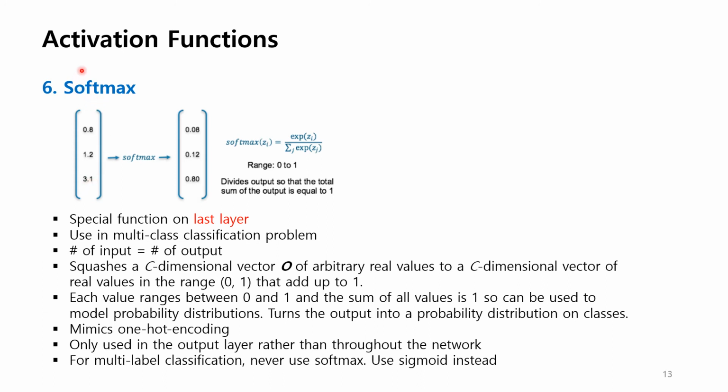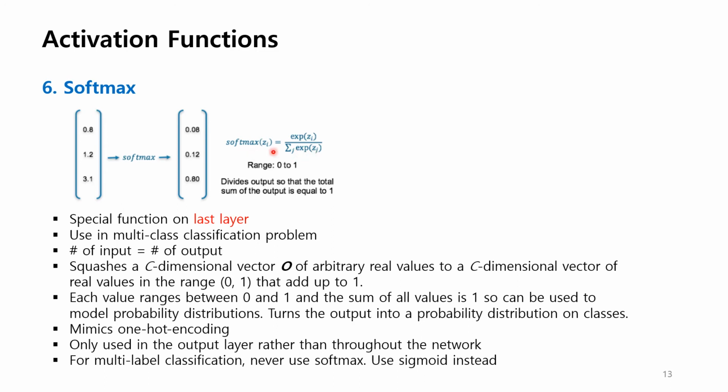What softmax does is it reads this vector of output and changes this to a probability distribution. Okay, so this becomes this, and this is now a probability distribution. So probability distribution means the summation of this is 1. Okay. So this is the formula of softmax.